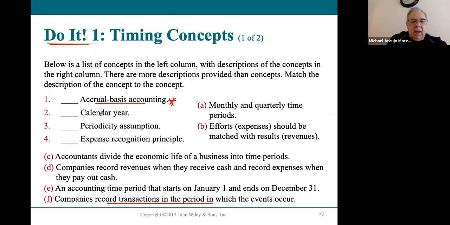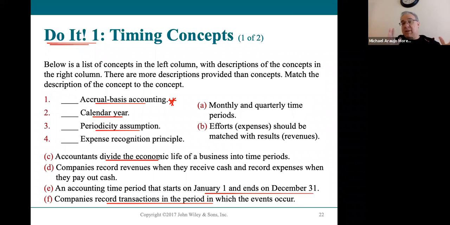Okay. The calendar year is clearly January 1st to December 31st versus a fiscal year, which could be any 12-month period. Periodicity assumption, right? That's what all this is about. We have to divide the economic life of a business into periods. The shortest period we measure is a month. The longest period we measure is a year.